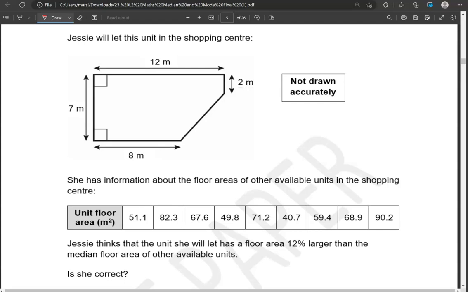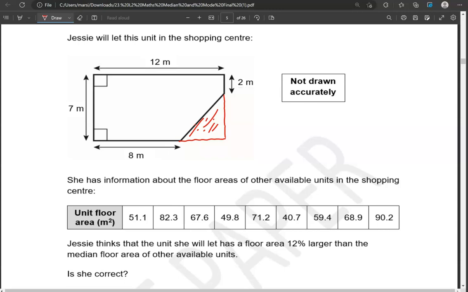So it's a compound shape. We can split it into 3 shapes, like 2 rectangles and a triangle, or we can just complete this rectangle and take away the area of this triangle that we've created here, and that should give us the area of the unit.